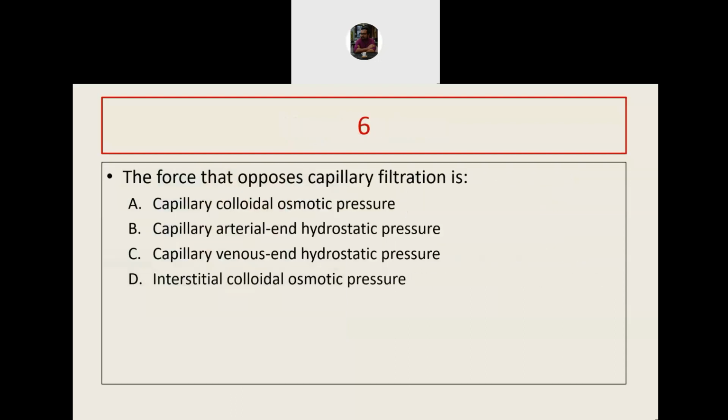With this basic idea, let us try to solve the questions that we started with. So what is the right answer here? The force that opposes capillary filtration is. Very good.